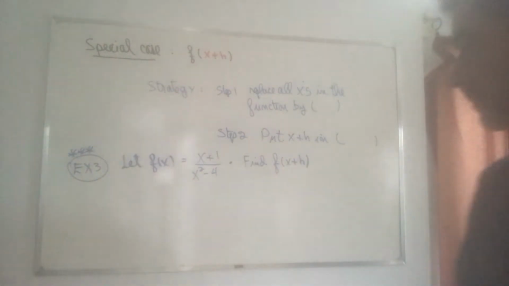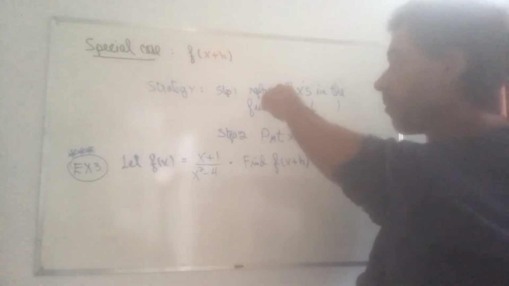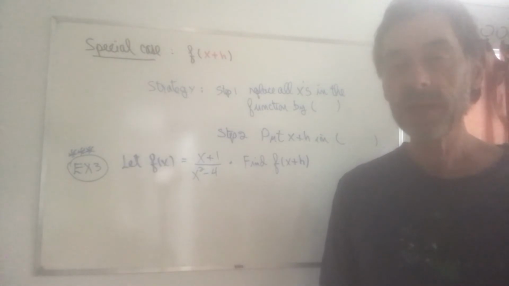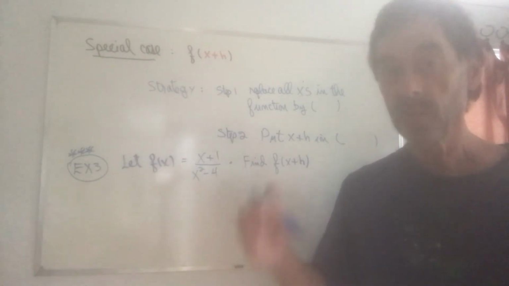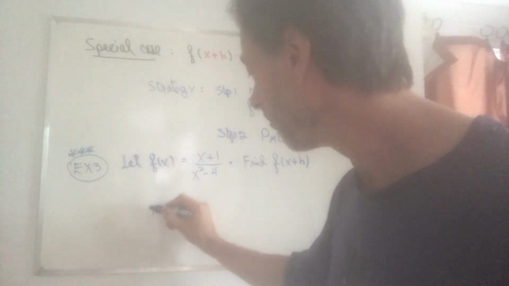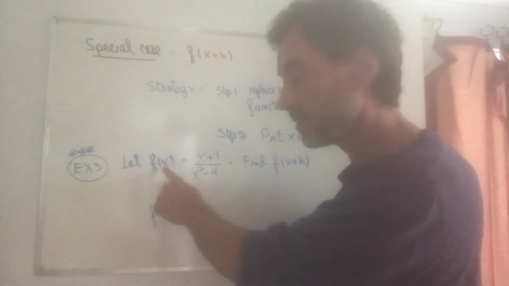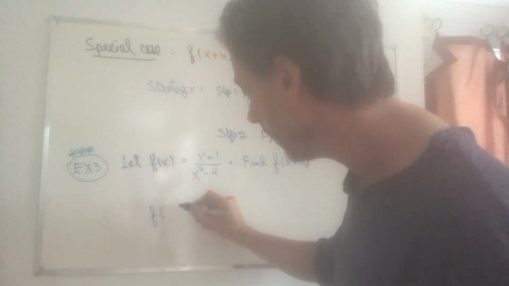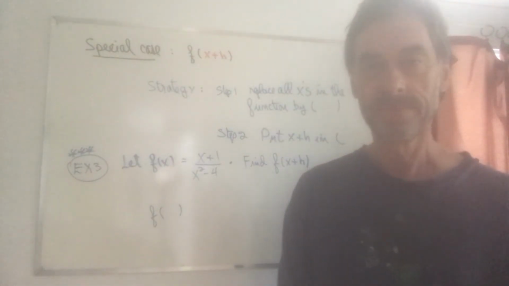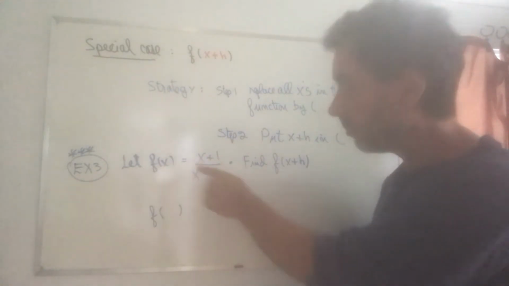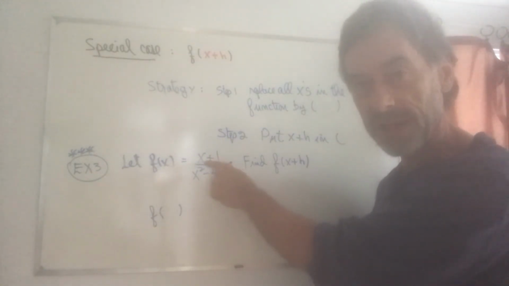All right? So, step 1. When I see an x, I erase it completely and I put an what? Open bracket. So, f of, there's an x right here. Gone. I want an open bracket in the place of x. Follow through into the function. There's an x in the numerator right here, x plus 1. You see that?